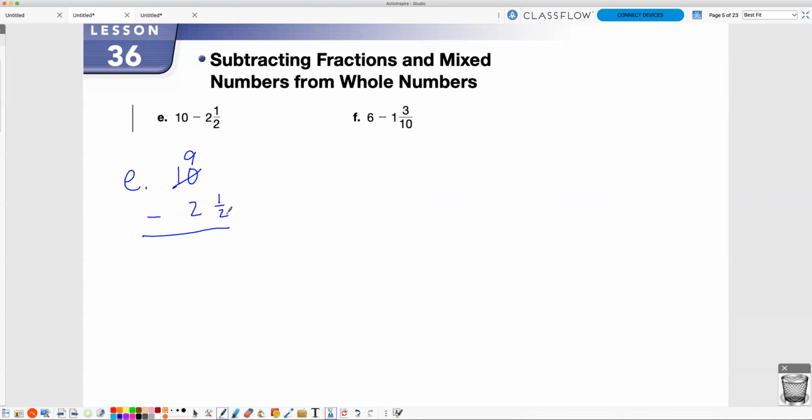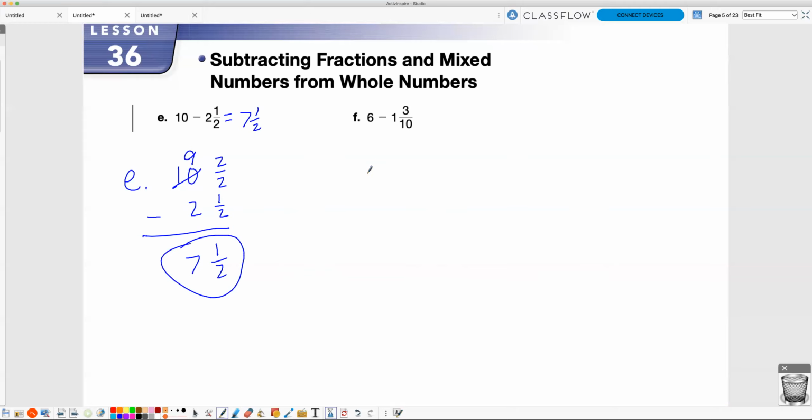And since this is a 2 in the denominator, I'm going to use 2 halves over here because that needs to be worth 1. 1 plus 9 equals 10. Now I just subtract the numerators. 2 minus 1 equals 1. And the denominator 2 remains 2. And now I have 9 minus 2, which equals 7. So that means 10 minus 2.5 is 7.5.